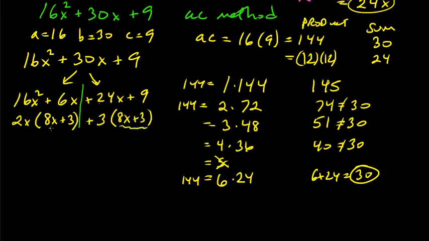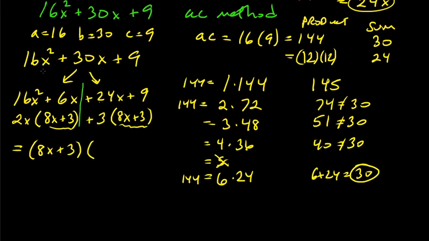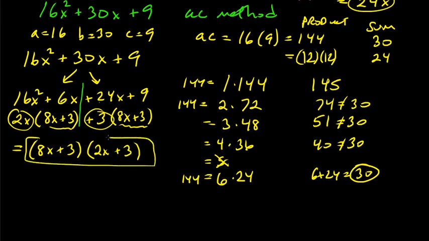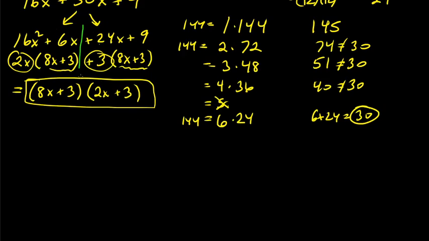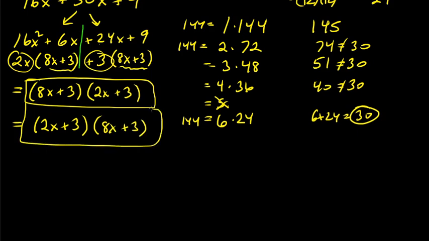So the 8x plus 3 is our common factor, and that multiplies the 2x plus the 3. And that's it. Of course, if you split this up as 24x plus 6x, you probably got the 2x plus 3 first, and then the 8x plus 3. That's not a problem. Same answer, just written in the opposite order.